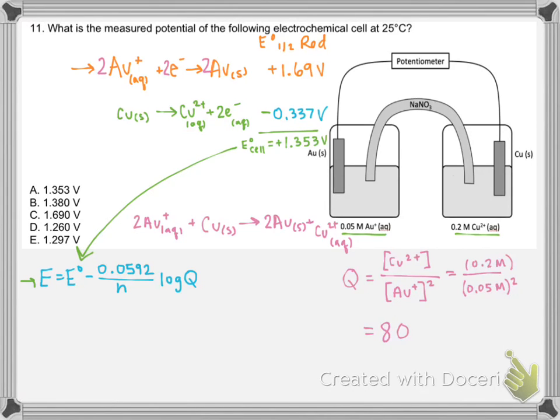And so now we can combine our standard E with our Q to figure out our non-standard cell potential. So we'll have our 1.353 volt standard potential minus 0.0592 divided by N, which is the number of electrons transferred in the reaction, which is 2 here, times the log of Q, which is 80.